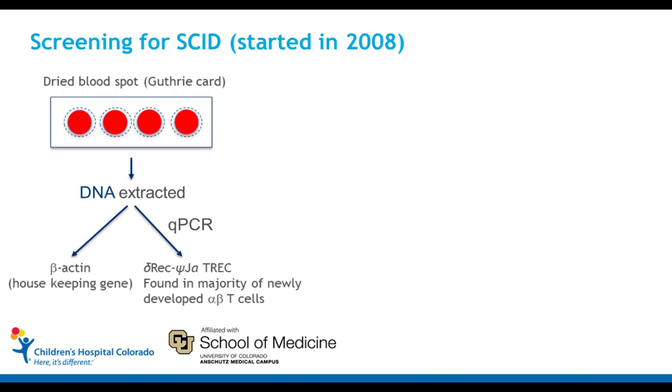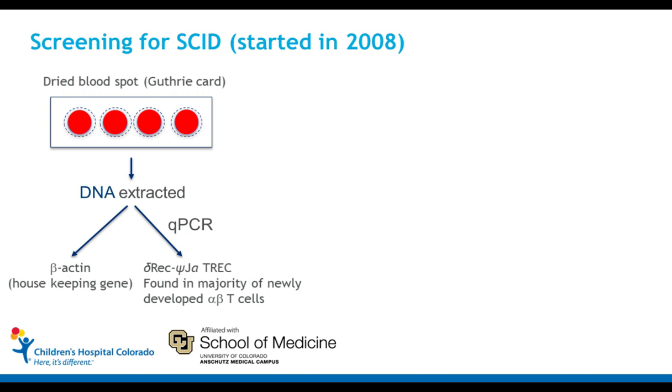So this is a housekeeping gene. If the levels of beta-actin are normal, the quality of the DNA is good. Along with beta-actin, a particular gene that's involved in development of the T cell receptor is also amplified, which is an indication of the numbers of newly developed alpha beta T cells.